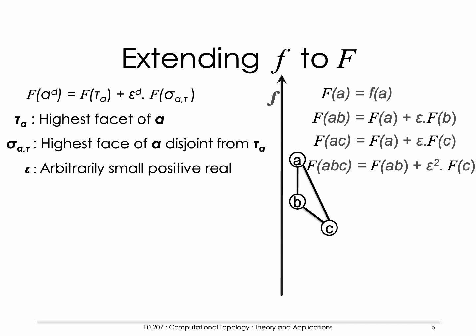So the first term is f of AB plus epsilon square times the face of ABC, which is disjoint from AB, namely C. So the second term becomes epsilon square times f of C. So note again that the first term is the term that really determines the value of the capital F at a given cell. The second term is essentially required to break the tie.